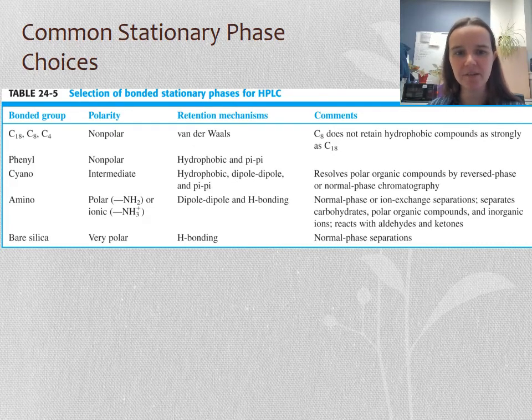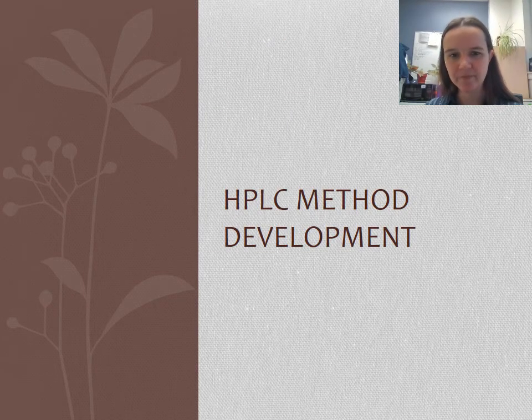Basically does the same thing, except it includes pi-pi interactions with the double bonds. Cyano is considered intermediate polarity, and that's pretty nice. Amino and bare silica are more polar, and bare silica is very, very polar, interacts with things through hydrogen bonding, and is definitely a normal phase separation. So see over there, reverse phase, normal phase, kind of deal.